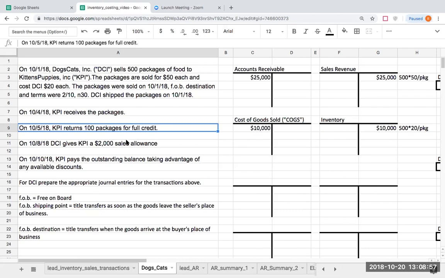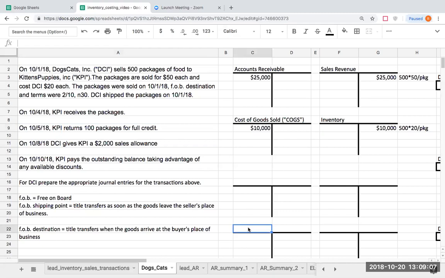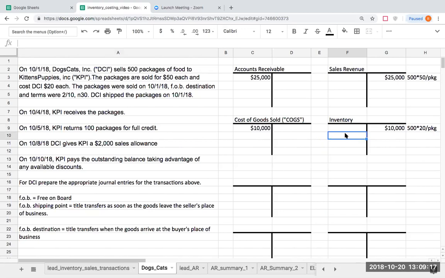So here, there is a physical return of goods by the buyer. So if I'm the seller, I'm going to be receiving back inventory. I will just use the existing account. I'm getting back inventory from the buyer.